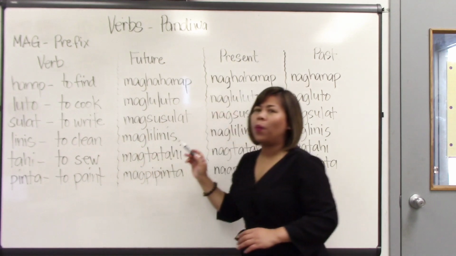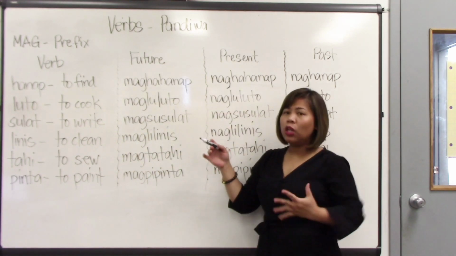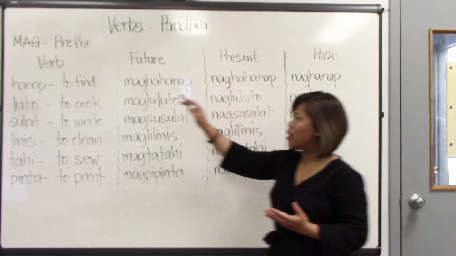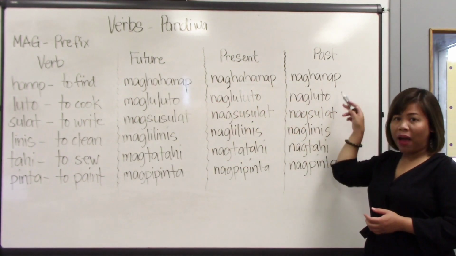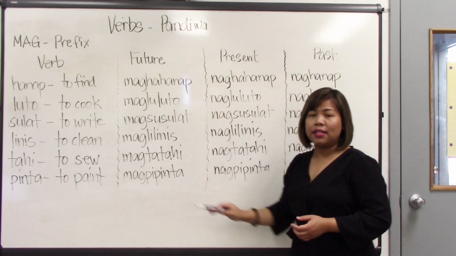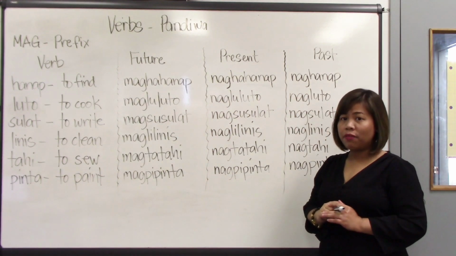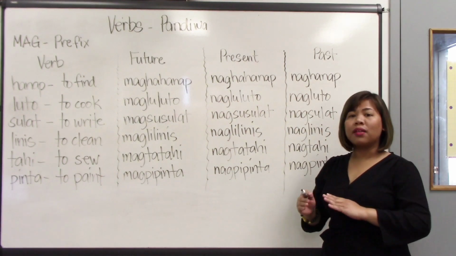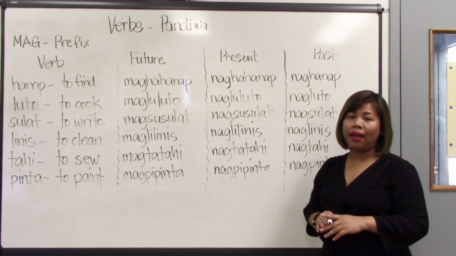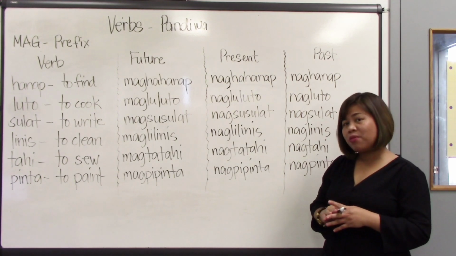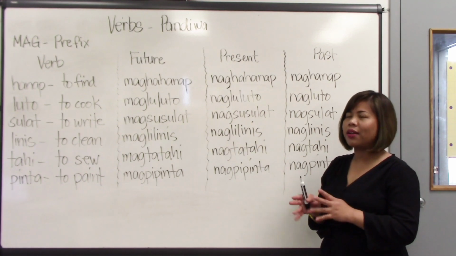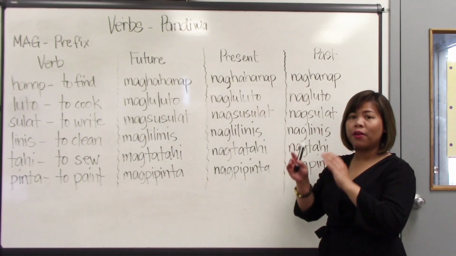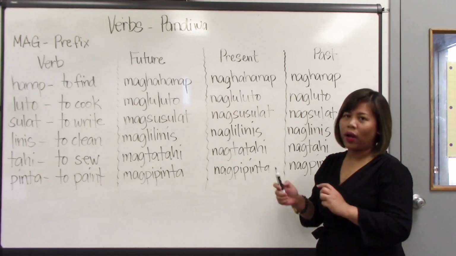Okay, now we need to learn the pattern on how to conjugate the verb hanap into future, present, and past tense. This is very easy. Verbs in Filipino do not have past participle forms, and also we do not have irregular verbs, so we do not change their spelling. What we need to focus on is how we add prefixes and what is the pattern.